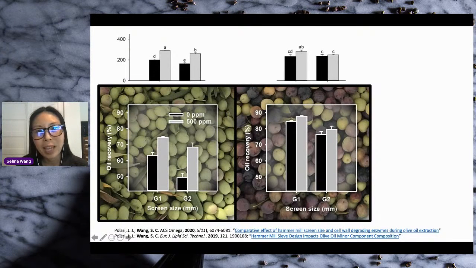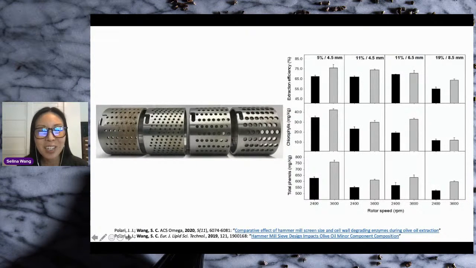Now with that, we did another similar trial, but this time we included even more variables. On the left side, you can see an example of the grit size that I was talking about. On the left side, you have this really small grit size, and on the right side, you have the large grit size. And this time we included the impact of processing speed. So the crusher rotates, and we want to see what impact it makes when the process goes faster.